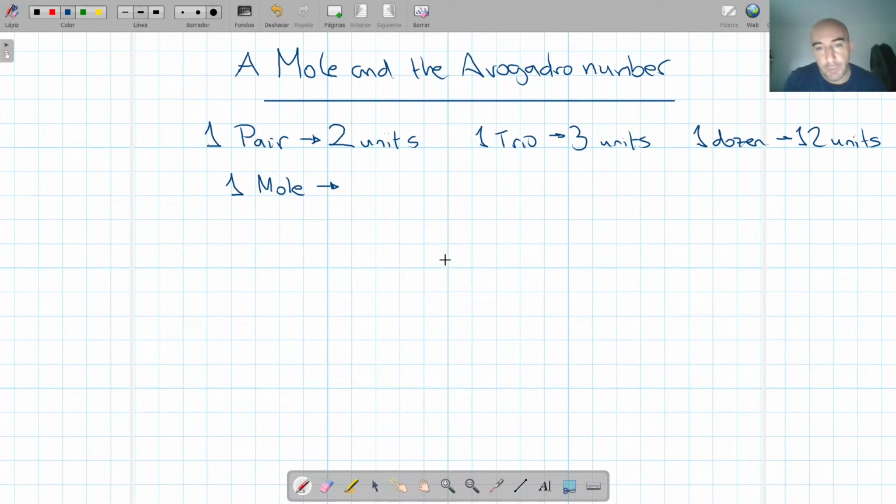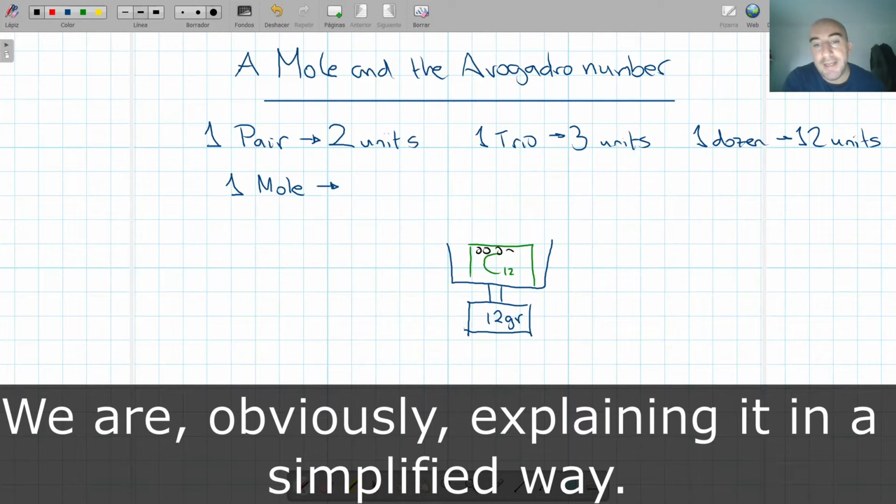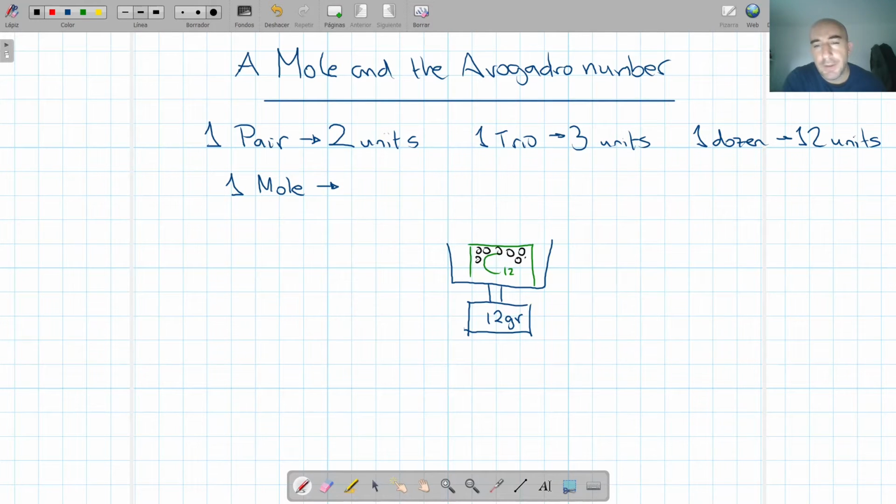So basically they got a specific substance, which is called carbon 12, a specific type of carbon, and they measured 12 grams of that substance, and they counted how many atoms there were in exactly 12 grams of carbon 12.